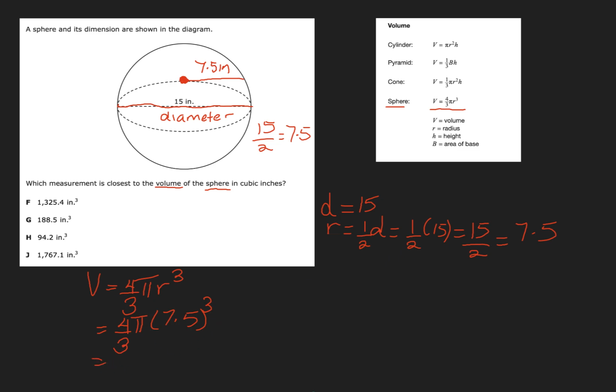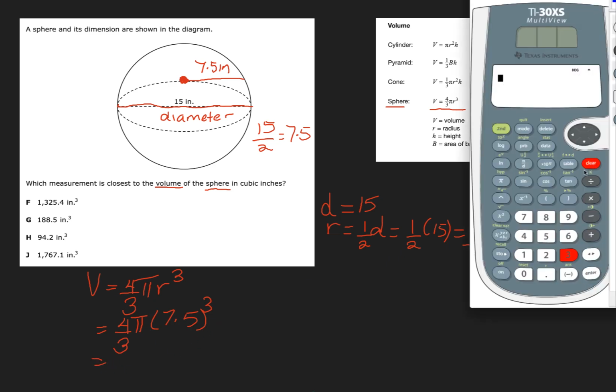Okay, let's enter that into our calculator. Let's clear the screen. So we have 4, n over d, 3. Go to the right. Then we have our pi times, okay, 7.5.